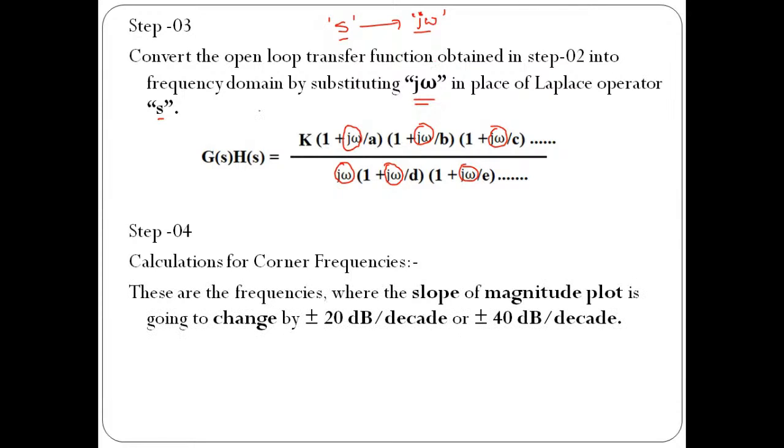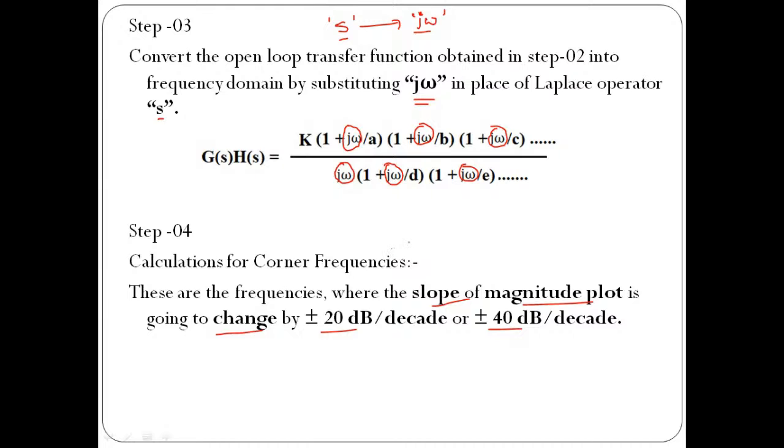These are the frequencies where the slope of the magnitude plot is going to change either by plus minus 20 dB per decade or plus minus 40 dB per decade. So this is the definition of corner frequencies.